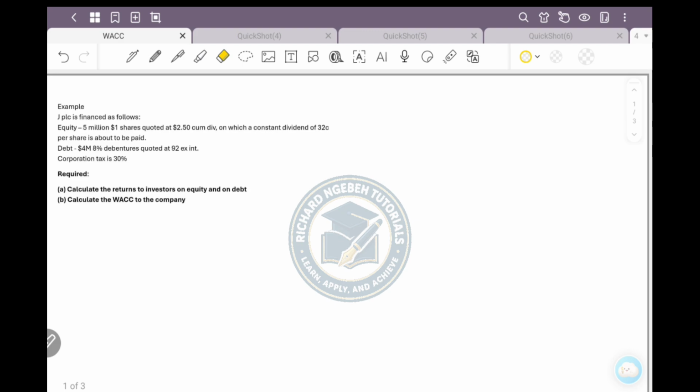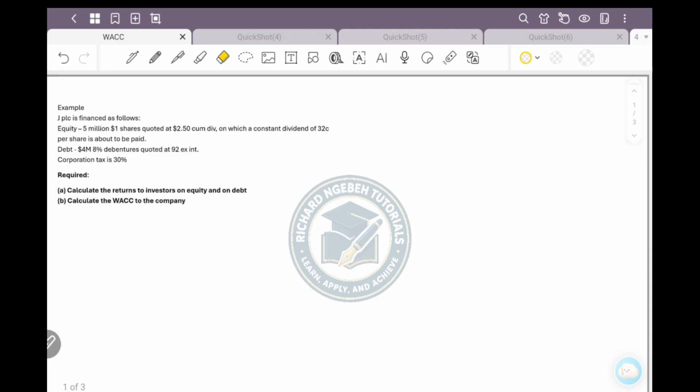It is saying JPLC is financed as follows. You have equity of 5 million $1 shares quoted at 2.50, cum div, on which a constant dividend of 32 cents per share is about to be paid. Okay, you go to the debt.